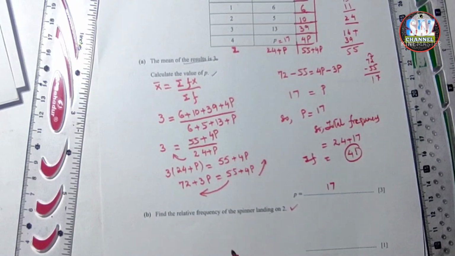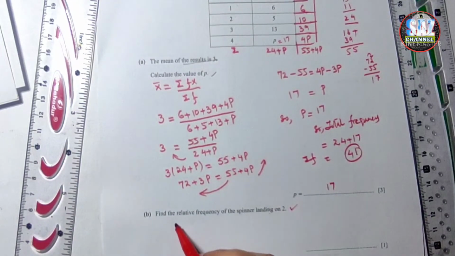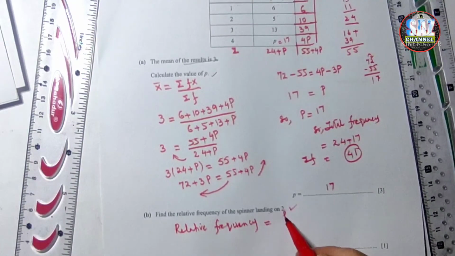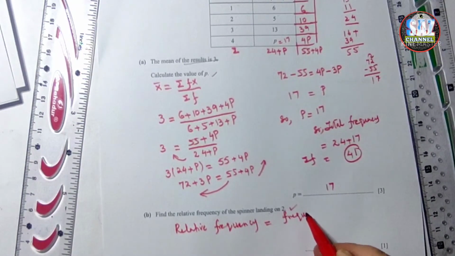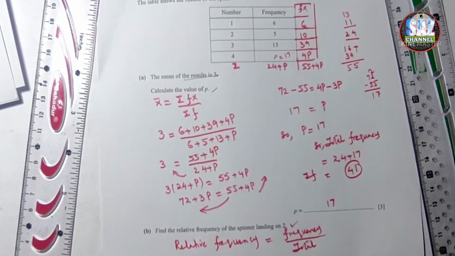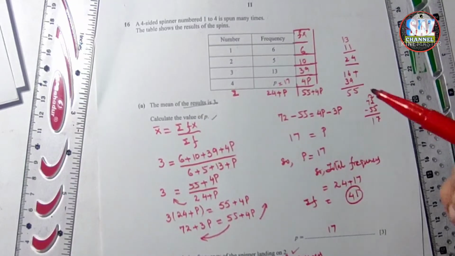Relative frequency, the formula for the relative frequency, equals frequency upon total. So I hope now you are clear why I was finding the sum of that. Now we have to find the relative frequency of the spinner landing on 2.